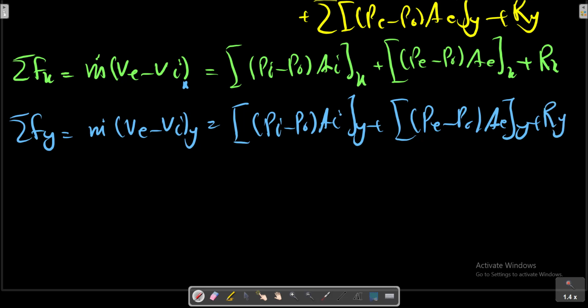A similar equation could be written for the z direction. These equations are very useful in analyzing the forces involved in a control volume analysis.